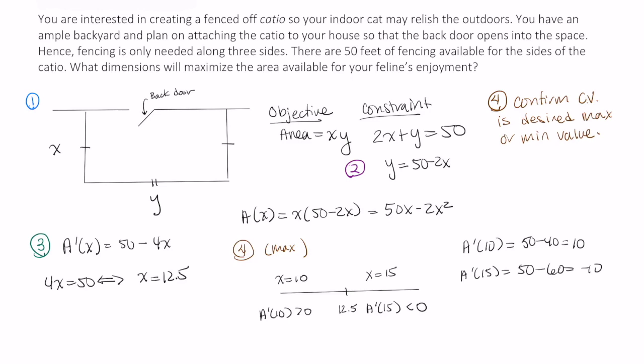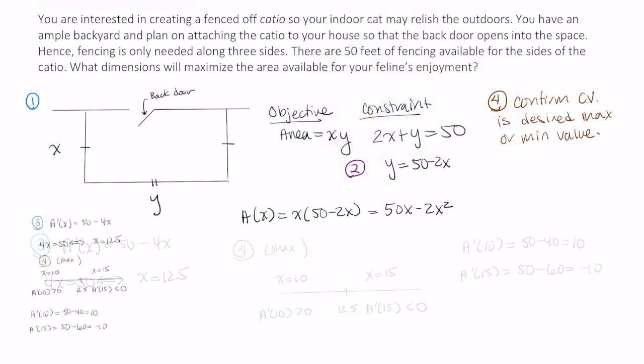So the slope of the tangent line to the left of our critical value is positive, so going uphill. And the slope of the tangent line to the right of our critical value is negative, going downhill. And when a line travels up and then down, the point here, the critical value, is indeed a max, just as we desired. Now that we've confirmed that the critical value is indeed a max, we can move on to step 5.